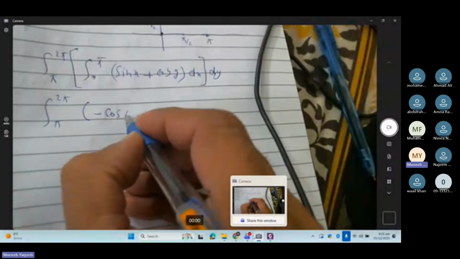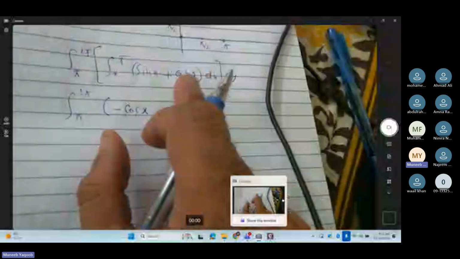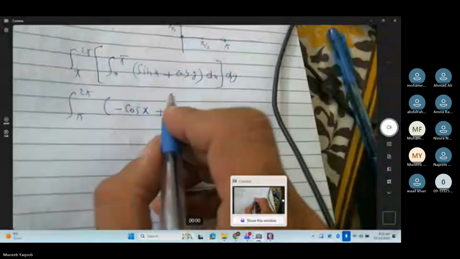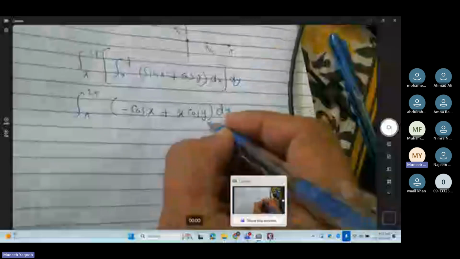While integral of cos y, we will be integrating with respect to x. So if we take cos y common, then we are to integrate only 1. So integral of 1 is x. So integral of cos y is basically x times cos y. Some students get confused here. Why?